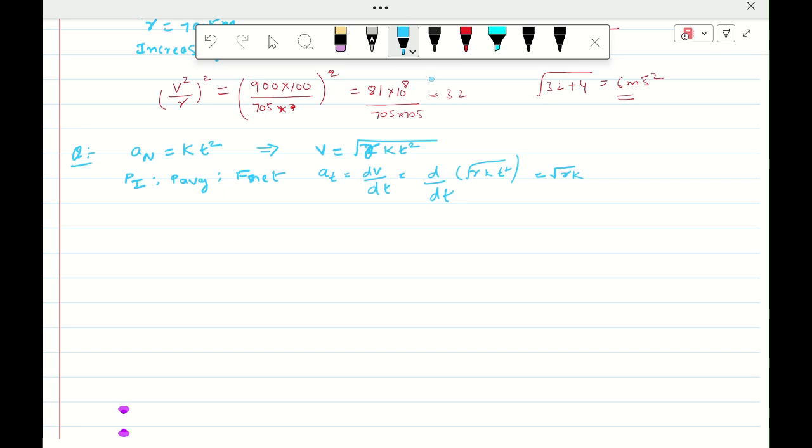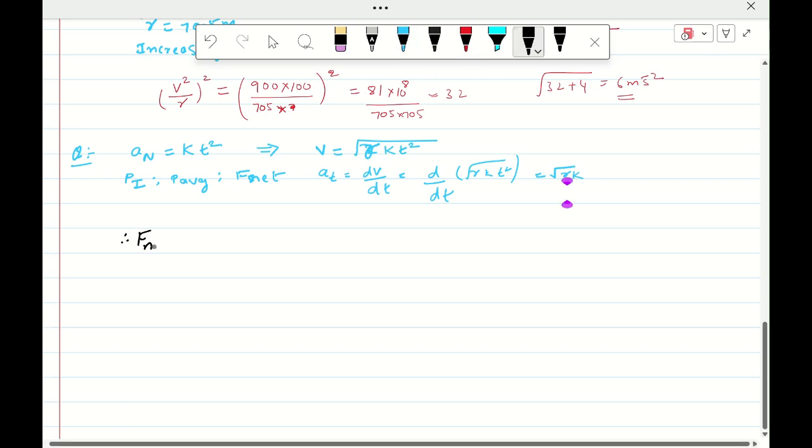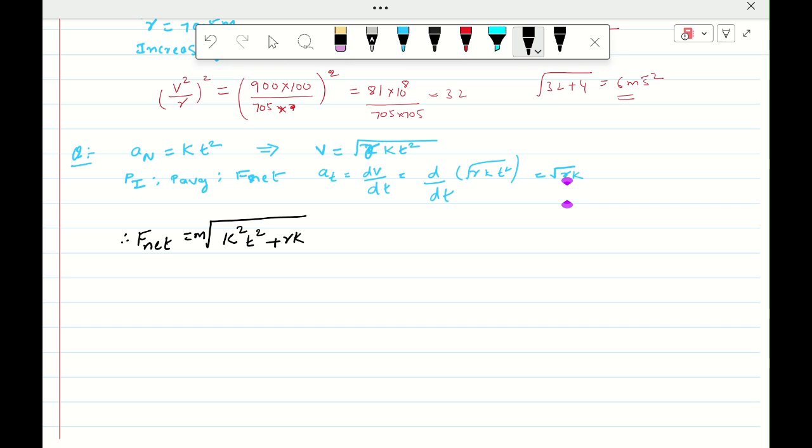Therefore F net is equal to root over AN square M into AN square. So here AN is equal to K square T power 4 plus AT square equal to R into K. So this is answer. AT square. So root over R into. So this is answer. Means here T square means T power 4 will.